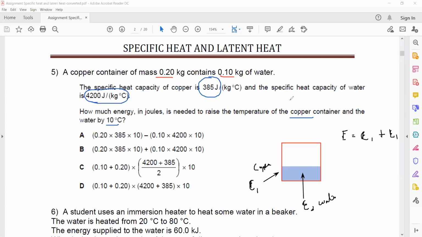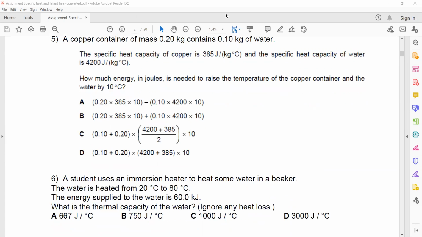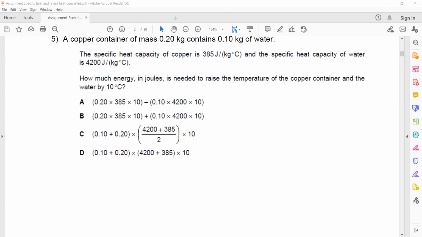How to find energy? Specific heat capacities are given. So if the value of a specific heat capacity is given, first I will find the energy required for copper.